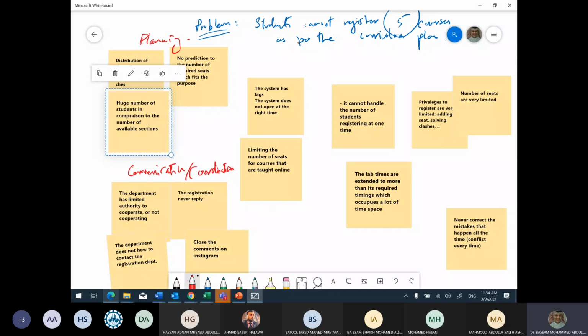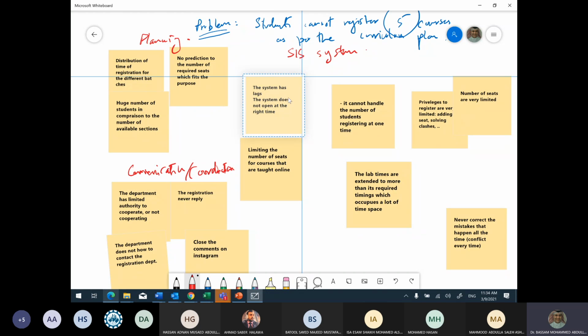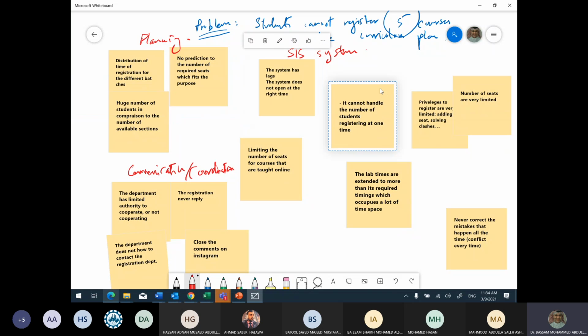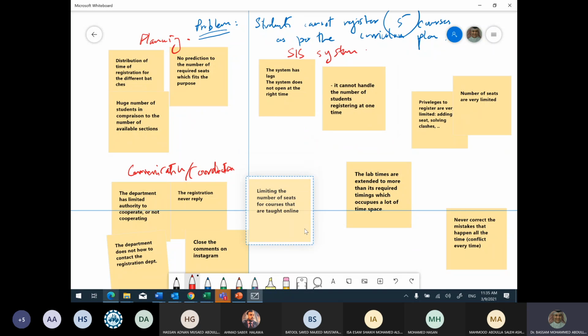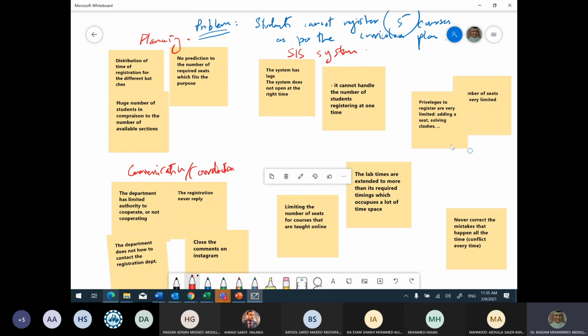There is something also related to the system itself, the SIS system. This is where you're talking about the system having lags. It cannot handle the number of students registering at one time. What else? The national number of seats is very limited.